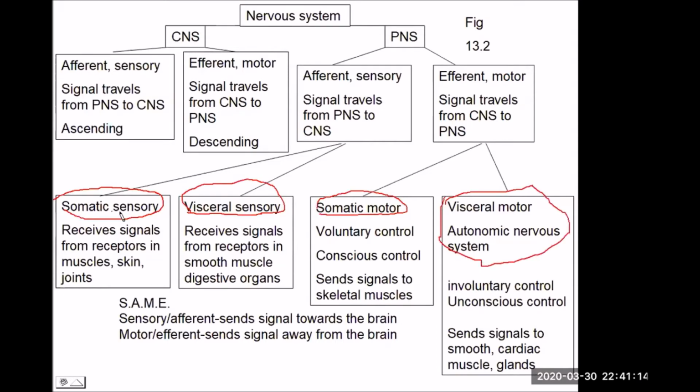So to begin with the sensory side, sensory always means the signal is traveling towards the brain and spinal cord. So sensations. The difference now, a somatic sensation, this is some type of stimulation in the more superficial parts of your body.